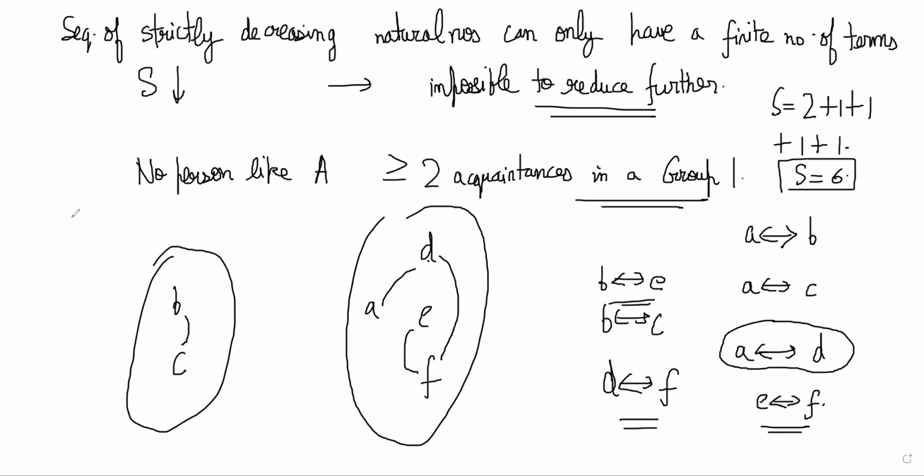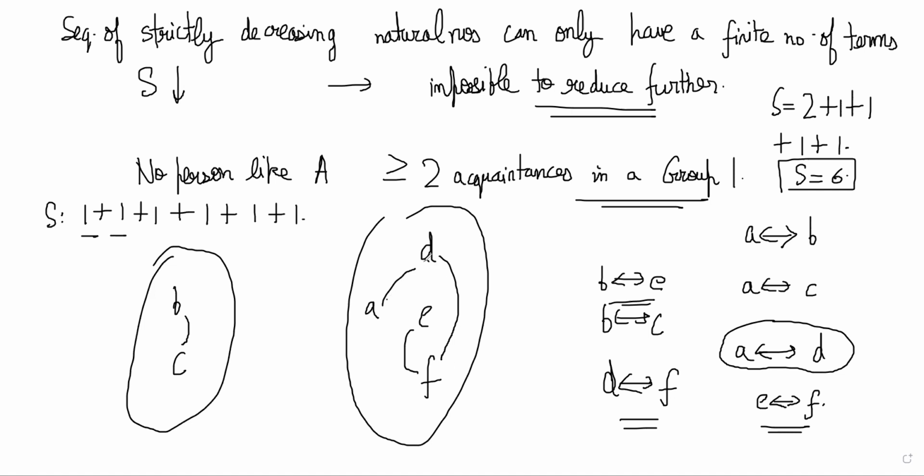Now think of the value of S here. The S value now is, for B it is 1, for C it is 1, for A it is 1, for D it is 1, for E it is 1, and for F also 1.